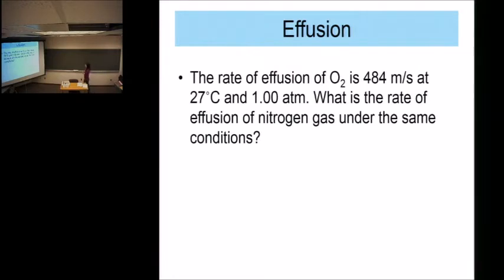All right, so set up your R1, R2, make a table. Okay, R1, what is it? R2, what is it? Molar mass 1, molar mass 2. Set this up, and then solve for the missing one. Okay, and you know what the molar mass of oxygen is, right? O2, what is that? It's 32.